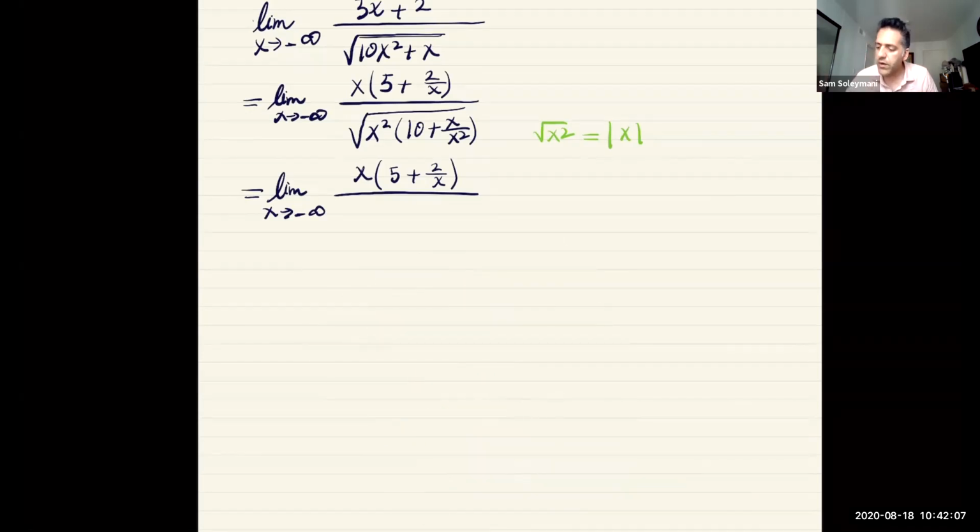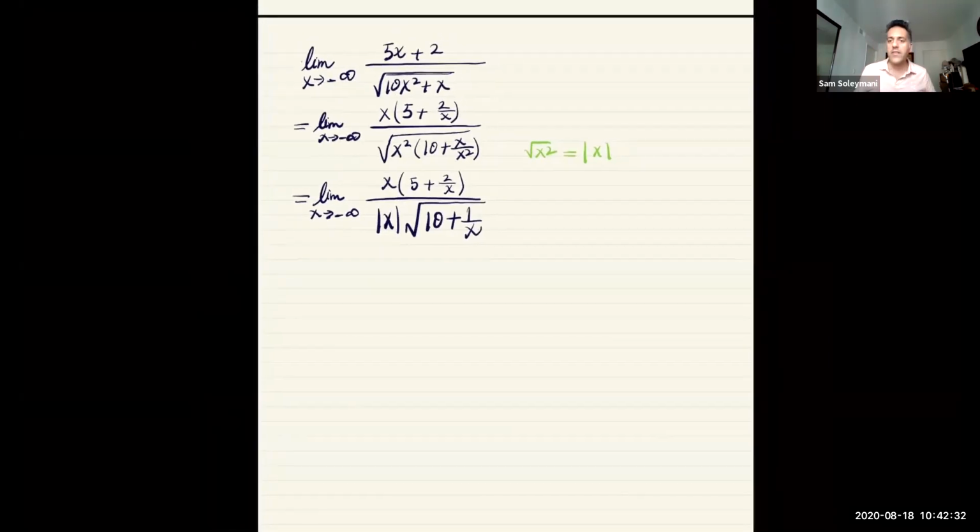Anyway, so we are talking now about the square root of this x squared. And that is absolute value of x. Okay? And the rest leave alone. 10 plus. Here you have x over x squared, which is just 1 over x. Okay. Now, next step. Do not cancel this.